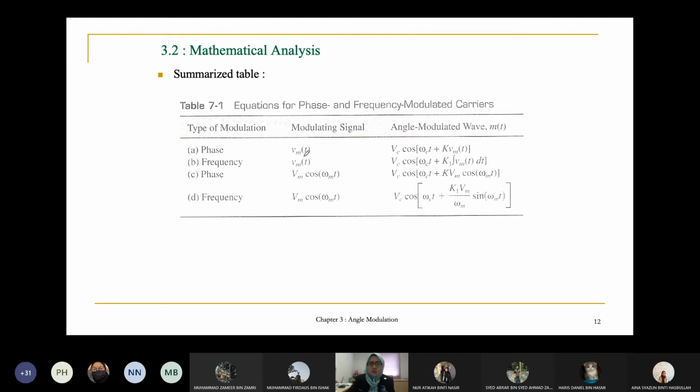But this is for a general vm(t). Usually in real applications, your modulating signal is a cosine wave. If your modulating signal is Vm cos ωmt, then the phase modulated signal becomes Vc cos(ωct + k·Vm cos ωmt), while the frequency modulated wave is Vc cos(ωct + k1 Vm/ωm sin ωmt). These are the two equations that we usually use.